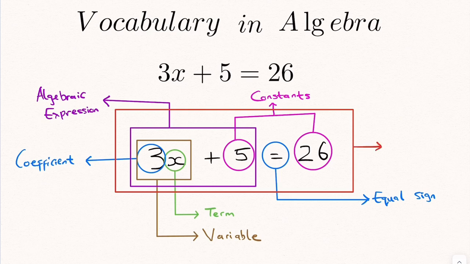This is now an equation. Why? Because it has an equal sign. It's a complete equation. It means that whatever is on the left hand side is now the same as 26. So 3x plus 5, whatever x is, must always give you 26 on the right hand side. Thank you very much.